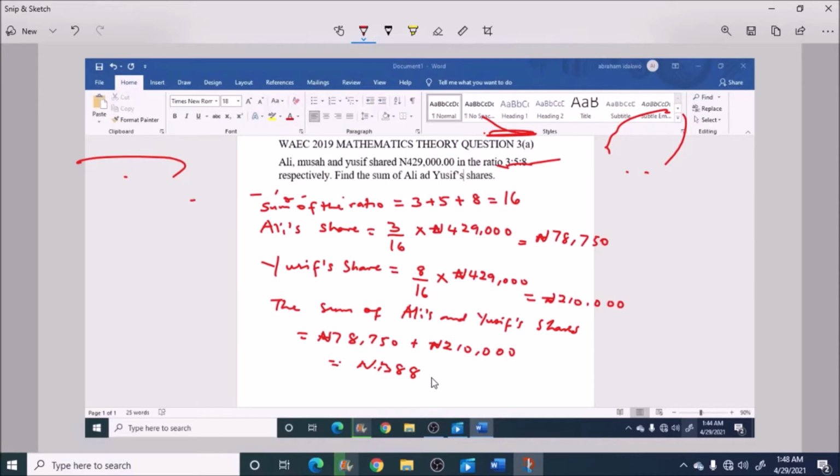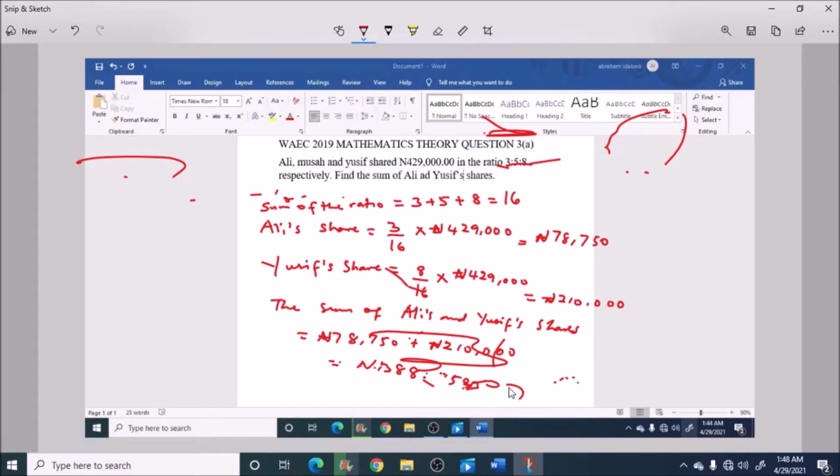Now the total is 288,750 naira. So that is the total sum of Ali's and Yusuf's share.